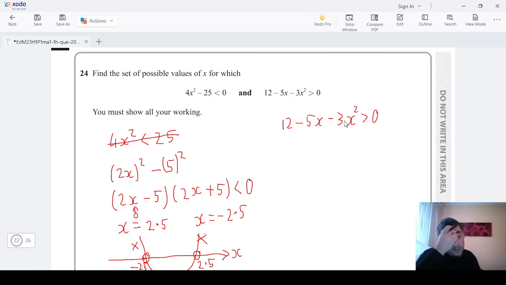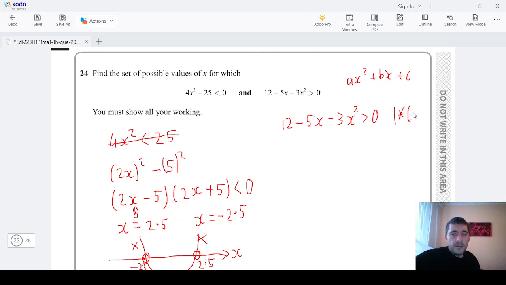What I like to do here is rearrange it by multiplying everything by a negative sign, because I like a quadratic expression to be in the form of ax squared plus bx plus c, where I start with the highest power, then lesser power, and then the y-intercept in the end.